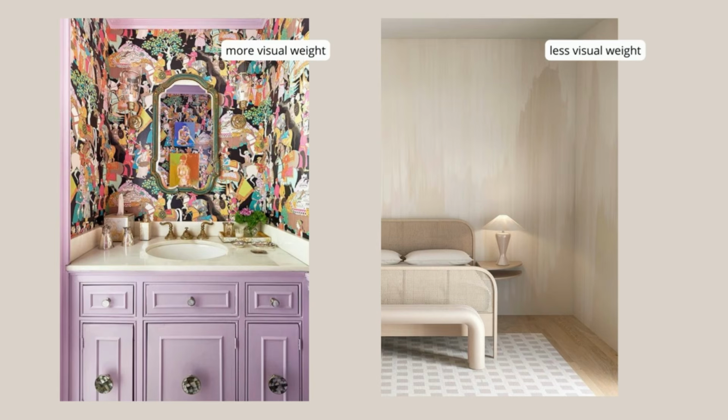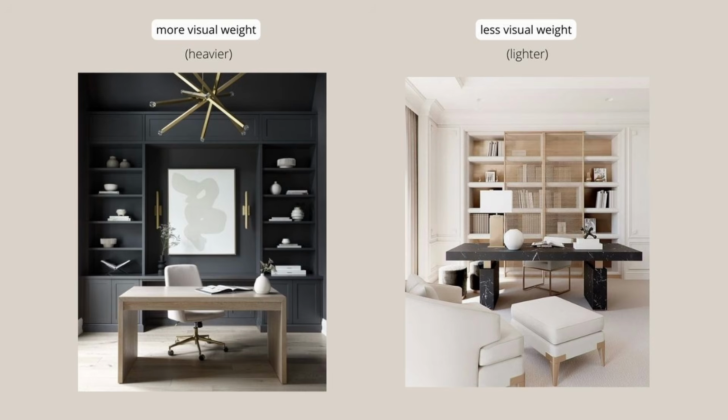So this weight should be considered when you are adding elements into your space. For example, a crowded pattern will visually weigh more than a plain pattern. Also, darker colors are considered visually heavier than lighter ones. And of course, objects that are physically bigger, which are of course heavier, they also have a heavier visual weight, if that makes any sense.